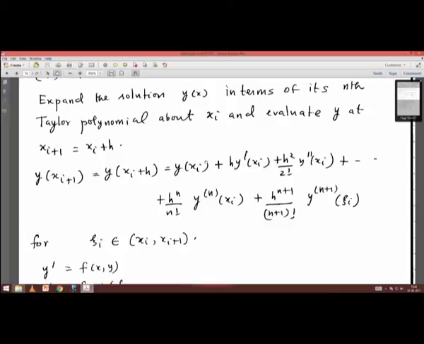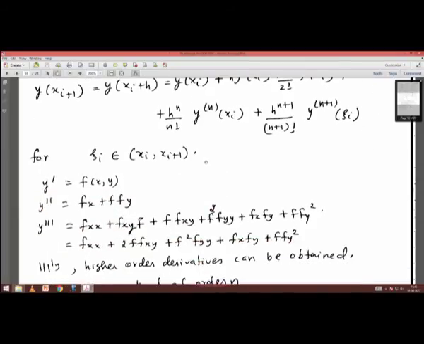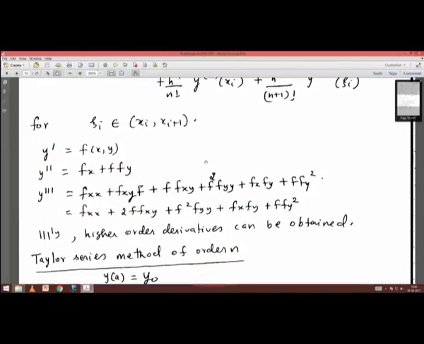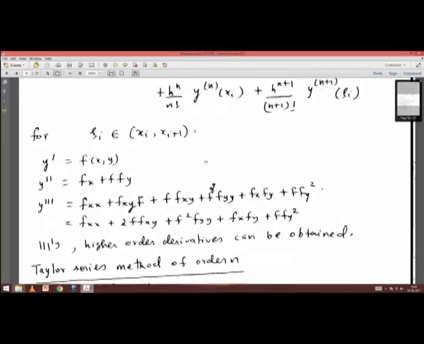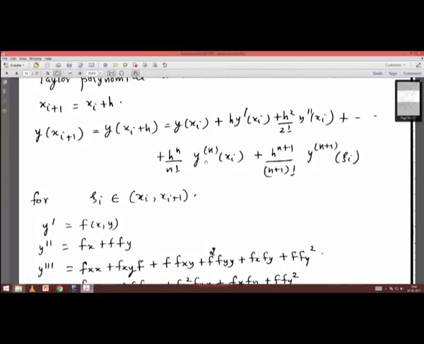The last term, which I want to neglect, which is the local truncation error, is h^(n+1)/(n+1)! times the (n+1)th derivative at ψ_i, where ψ_i belongs to (x_i, x_{i+1}).